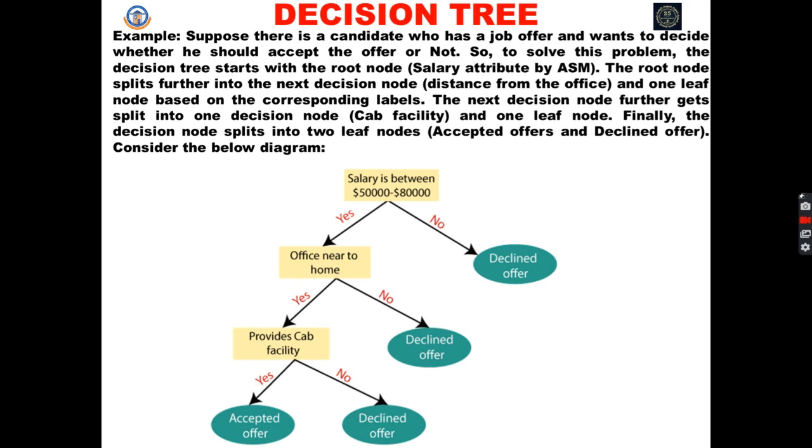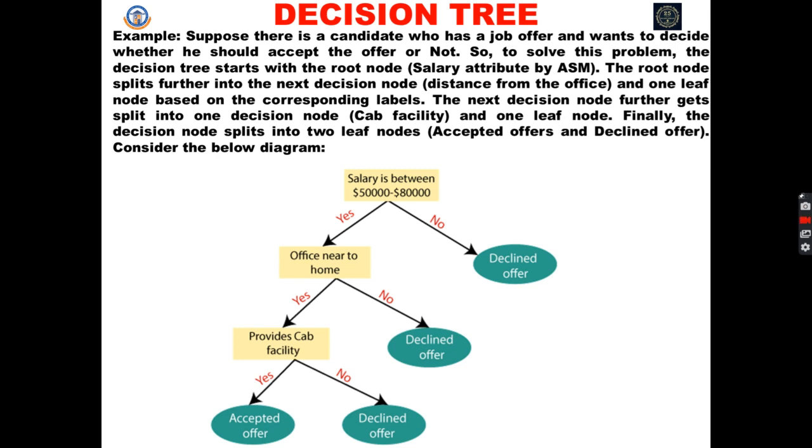You can see in the diagram, if the salary is between $50,000 and $80,000, and the office is near to the home, and there is a cab facility available, then the offer will be accepted. If he does not have a salary between $50,000 and $80,000, the offer will be declined.